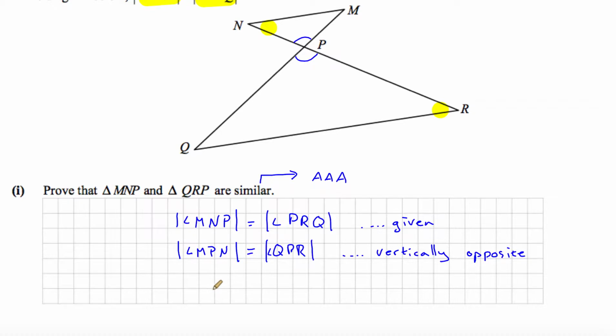Okay, and then finally, the third angle, in each case, this one and this one, they must be the same because if two angles in a triangle are the same, then automatically the third ones are the same as well. So we can call that, the first one is the size of the angle NMP, that's that one, and that's equal to the size of the angle PQR.